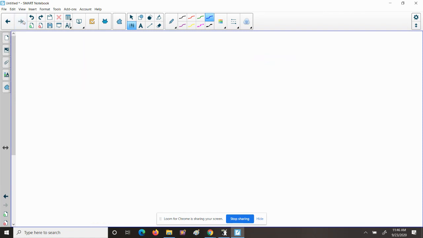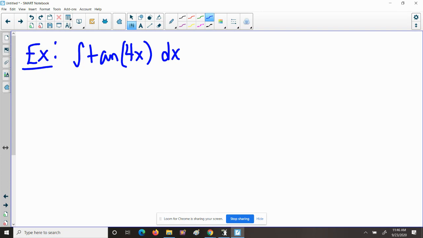All right, let's try one with some u substitution. Let's say that we have the integral of tangent of 4x dx. First of all, what makes this different from a regular tangent is that we have the 4x, right?